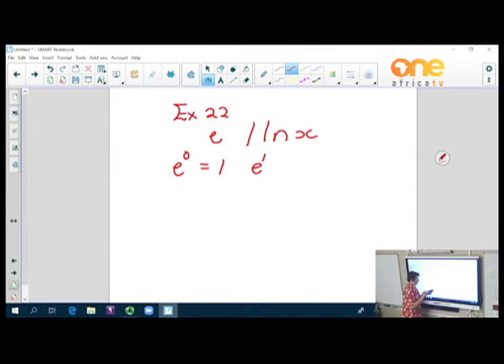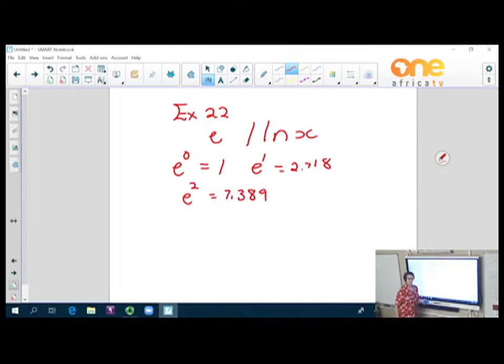So press your calculator, shift ln 1, and then we get 2.718. And e to the power of 2, press your calculator, shift ln 2, and then I have 7.389.